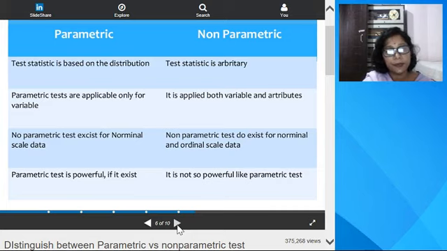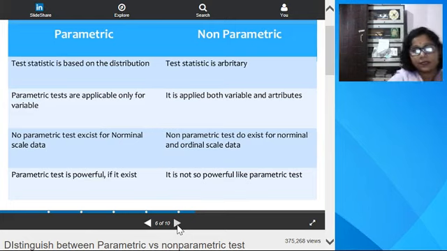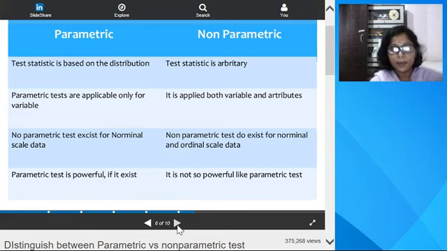Non-parametric tests are based on nominal scale and ordinal scale. So the clear distinction is found here that parametric tests are used when the data are based on interval scale and ratio scale.